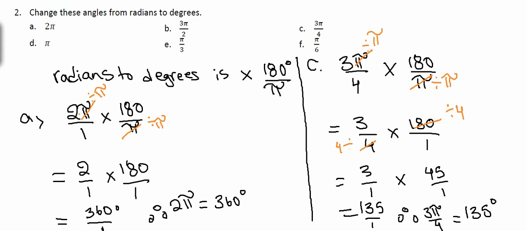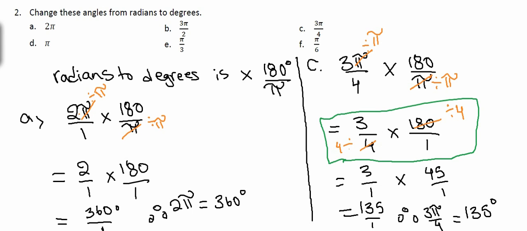So write this step here. I just want to talk about this step a little bit more. Didn't necessarily have to go in this direction. Didn't necessarily have to divide and reduce again. We could have simply just multiplied. So I'm going to take this over here, and I'm just going to demonstrate that.